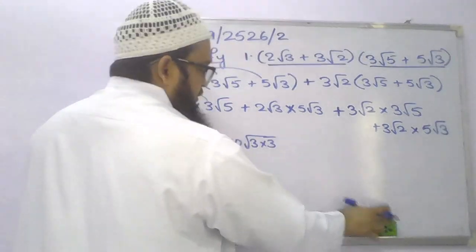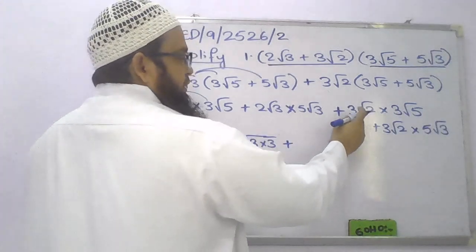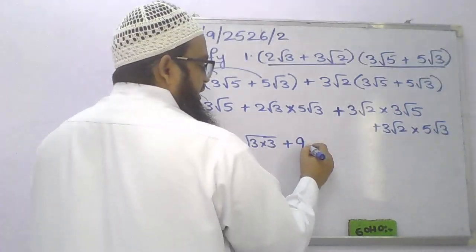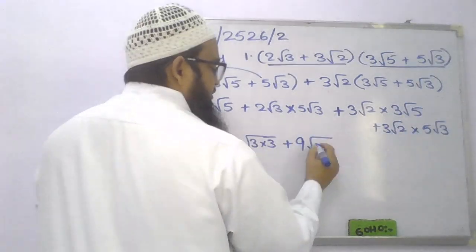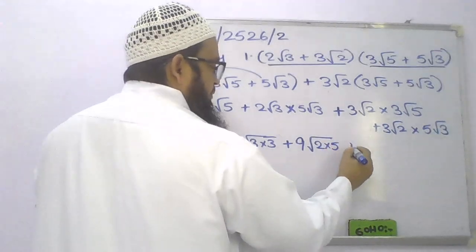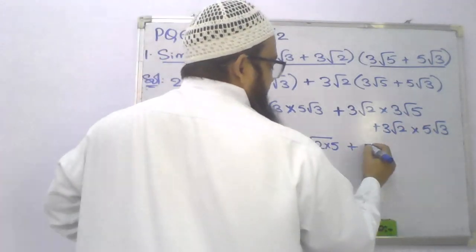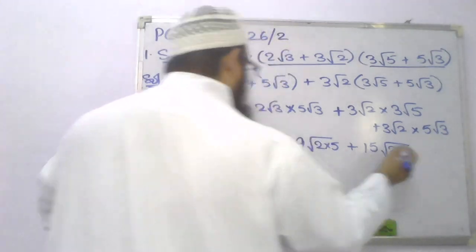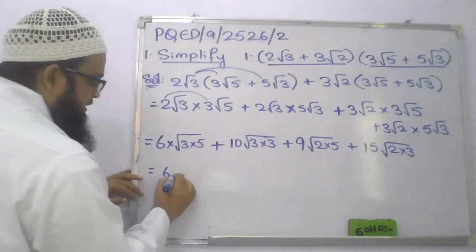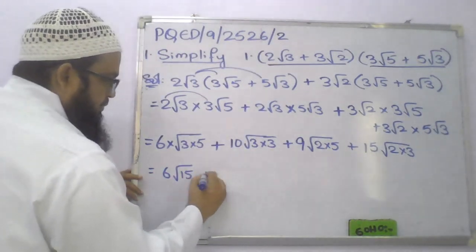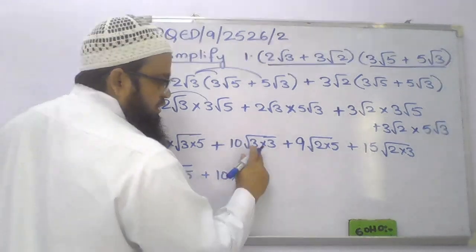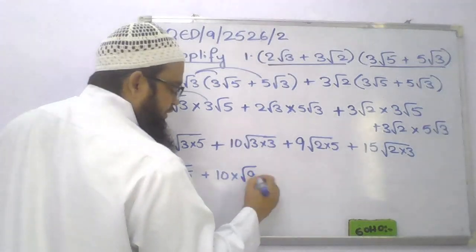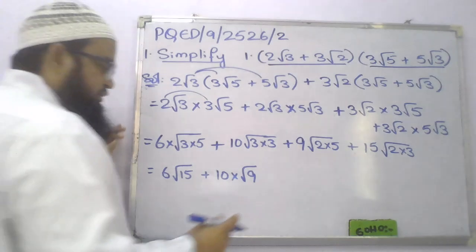Or you can write also like this, plus now 3 times 3, 9, and under root 2 times 5. Plus 3 times 5 is 15, under root 2 times 3. So here you have 6 root 15 plus 10 times root 9. So what is root 9? It is 3, right?